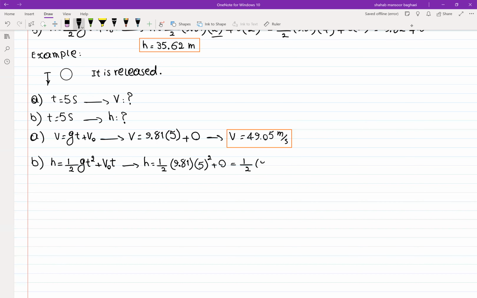It is half times 9.81 times 5 squared, that's 25. Therefore, you can find height. It's going to be 122.63 meters.